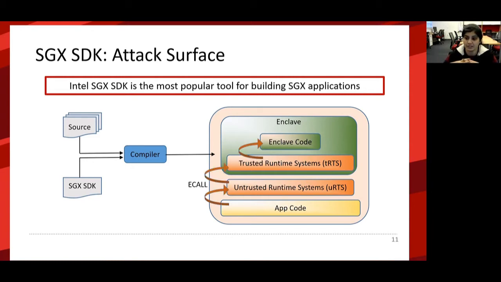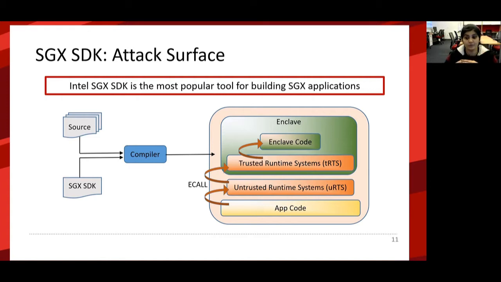Now, when the application wants to execute an in-enclave trusted functionality, it makes a special function call called an eCall, which is captured by the URTS and sent to the TRTS, which actually calls the in-enclave function which the application intended.